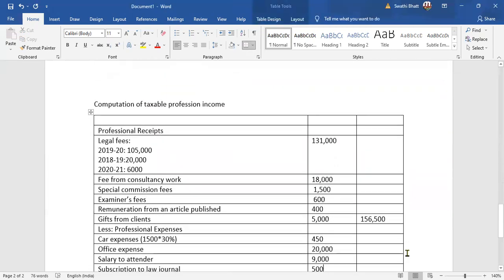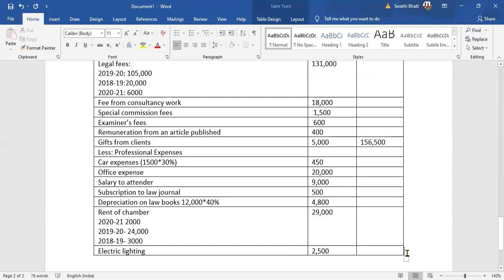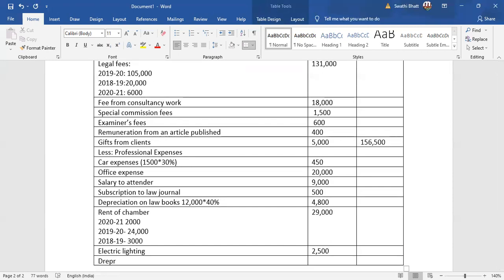So let's write it as depreciation on car. The amount is 74,000. Now, like I said, the rule of depreciation is simple. Whatever rate of depreciation is applicable, the entire rate can be used for calculation only if you have used that asset for more than 180 days.